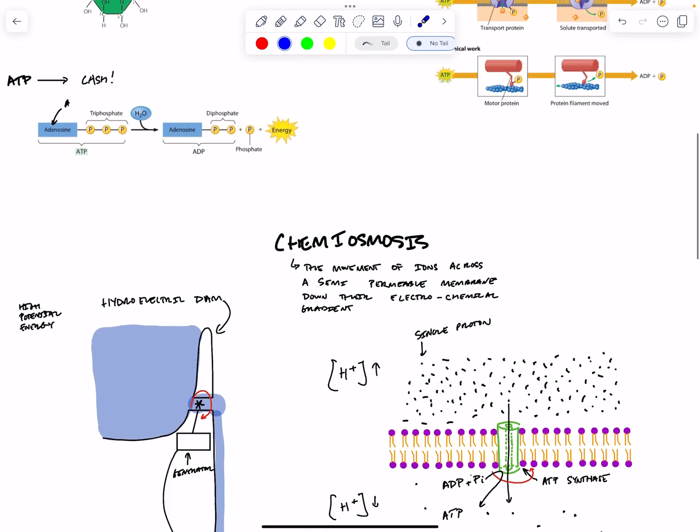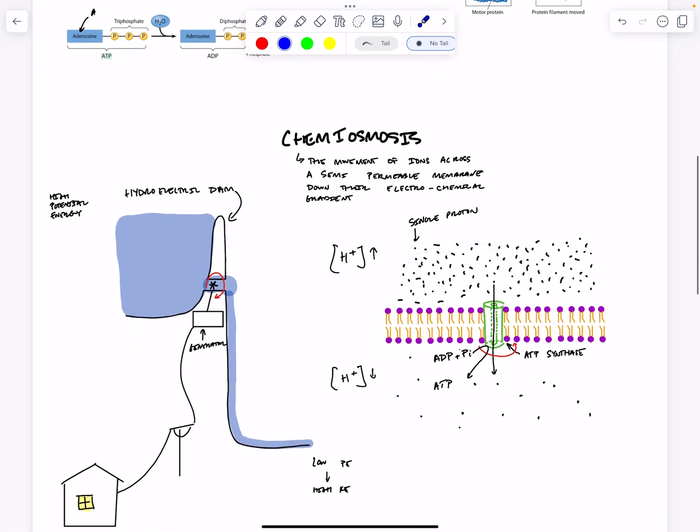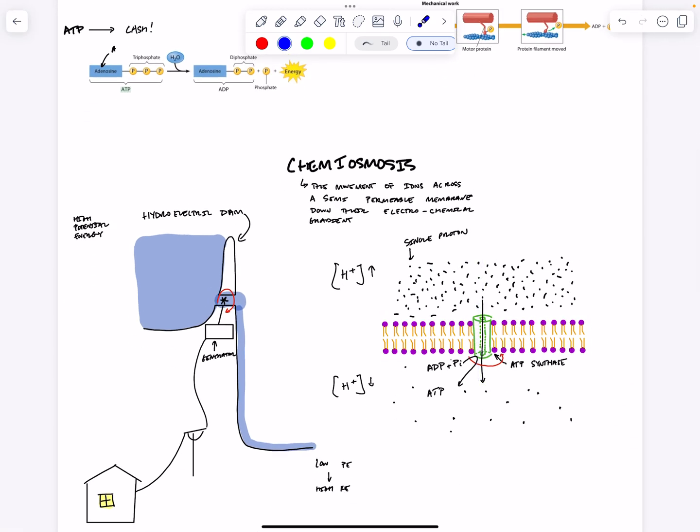So it's basically this reaction running in the opposite direction. Instead of releasing energy, we are consuming the energy of this electrochemical gradient in order to make more ATP.